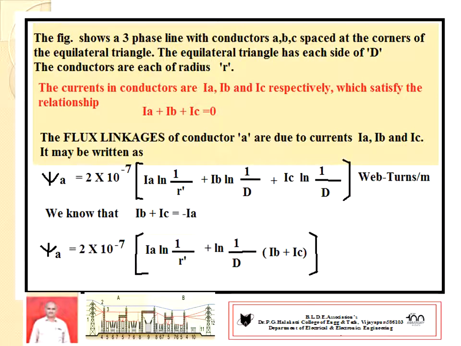And we know that IB plus IC equal to minus IA. So flux linkage of A equal to 2 into 10 to the power of minus 7 [IA ln 1 by r dash], and ln 1 by d is common for IB and IC. So I shall write ln 1 by d into bracket of IB plus IC.